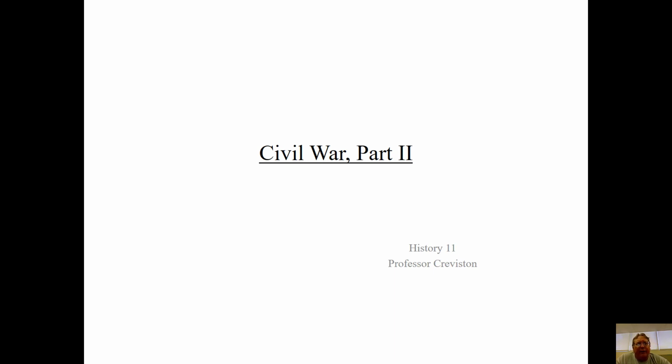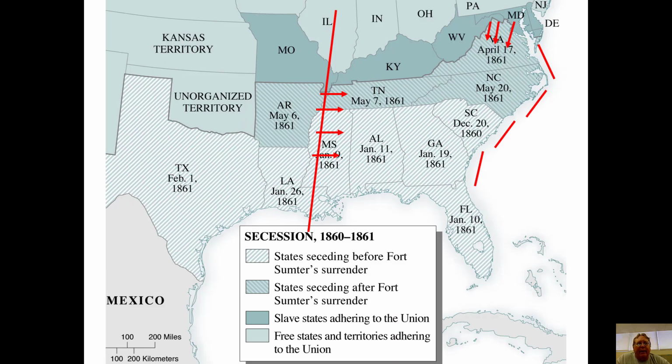So as we move into this, keep in mind what we were looking at last time. At first, both sides thought they were going to win this war handily, very easily. But in the end, it's not going to be that easy for either side. It is going to be a long, knockdown, drag-out fight. But the North does have a plan to deal with this breakaway part of the country called the Confederacy.